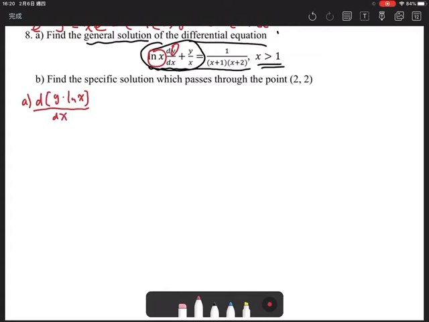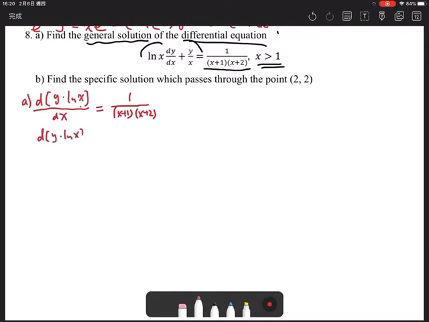So we dy first and keep ln x, and then keep y and d ln x is 1 over x, so it is correct. So now let's copy the right hand side. So it will be 1 over x plus 1 times x plus 2, and multiply dx on both sides.